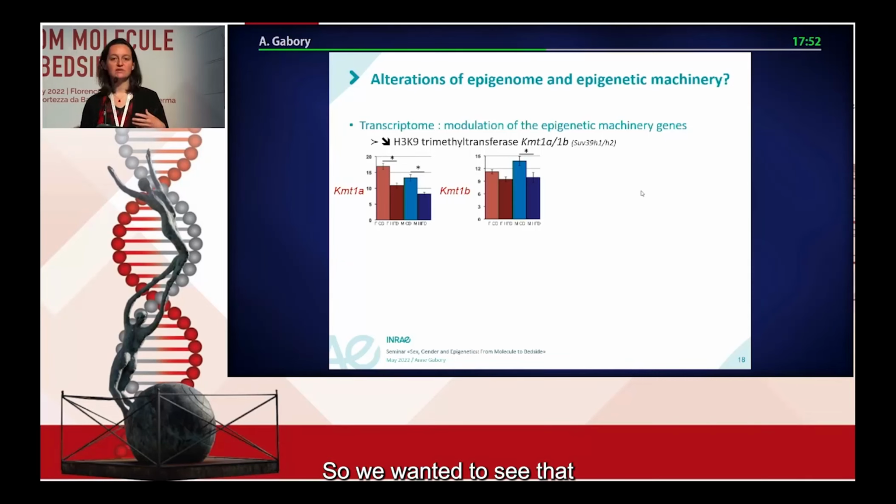So we wanted to see, is there alteration of transcription in epigenetic machinery in those placenta? And we checked for the epigenetic machinery genes, and we noticed that there is downregulation of the expression of the H3K9 trimethyltransferases called KMT1A and 1B.